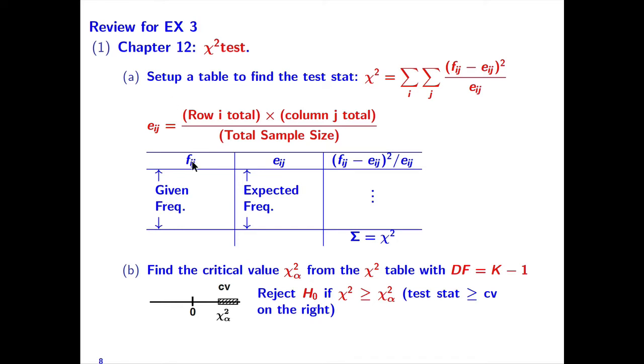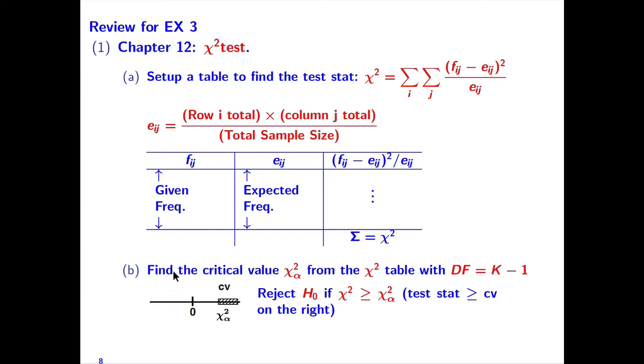And we will find Fij from the given table, and then we will find this expected frequency Eij from this equation, and then we will compute Fij minus Eij squared over Eij for each cell, and then we sum them up to get the test statistic chi-square.